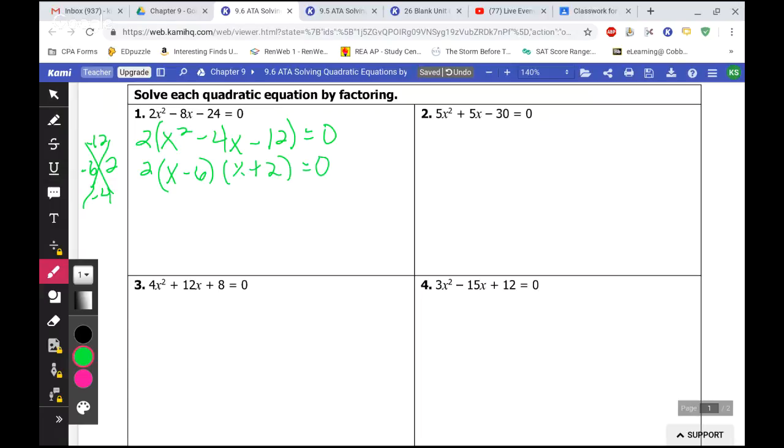All right, so now I actually have 3 factors. And yes, even that too counts. It's going to be crazy, but it even counts, okay? Every factor. So I'm going to set each one equal to 0. Is that a true statement? Does 2 equal 0?